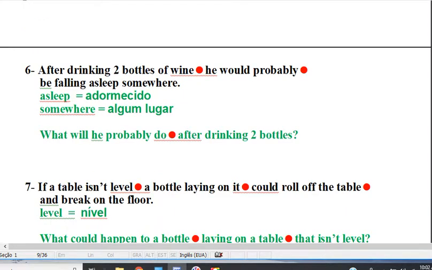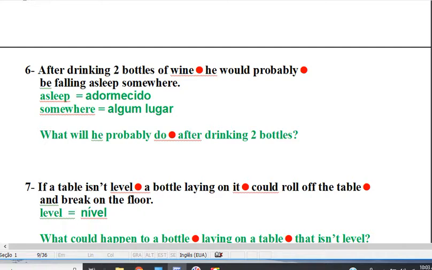Okay, line 6. After drinking two bottles of wine, he would probably be falling asleep somewhere.